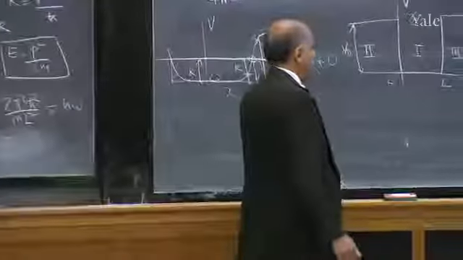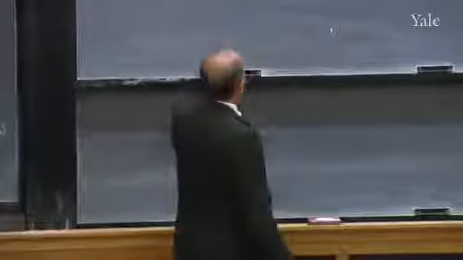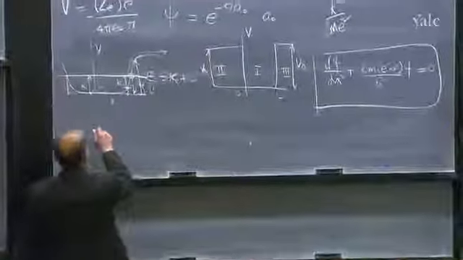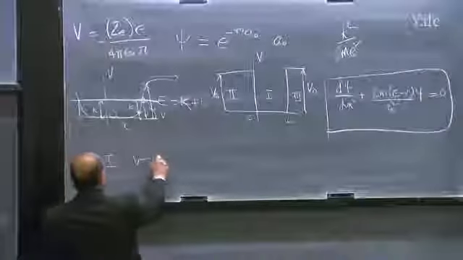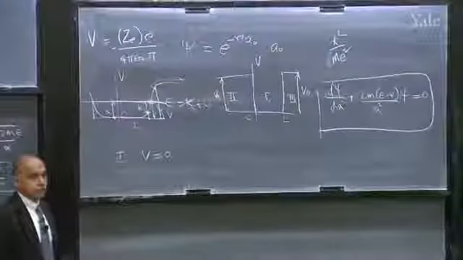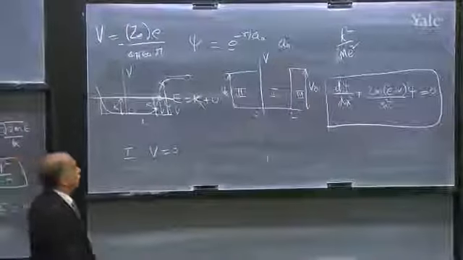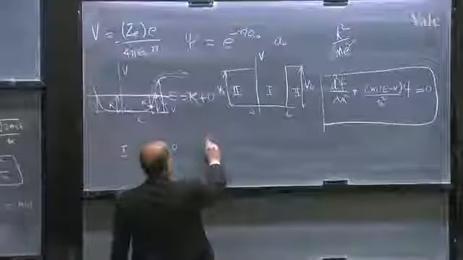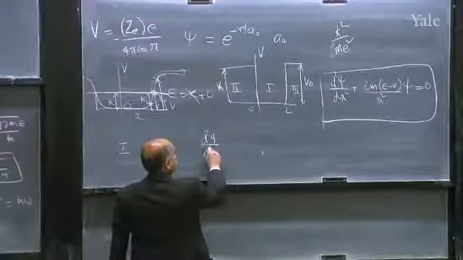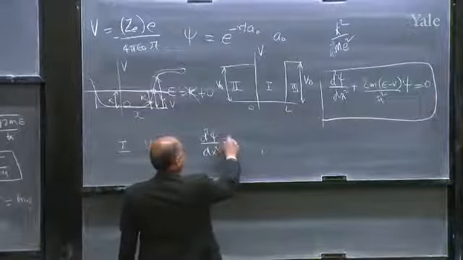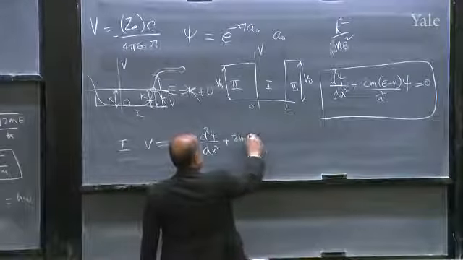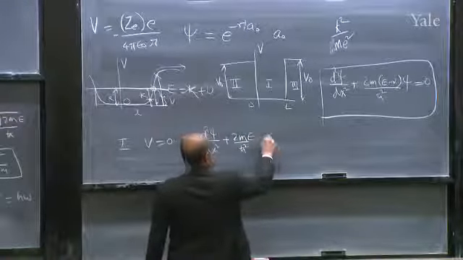Okay, first let's solve it in the middle because it's very easy. So what is the middle defined as? Middle, region 1, V is equal to 0. So the equation is d2 psi over dx squared plus 2m E over h bar squared psi is 0.